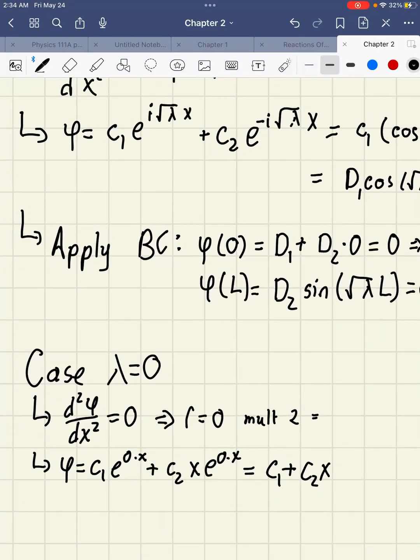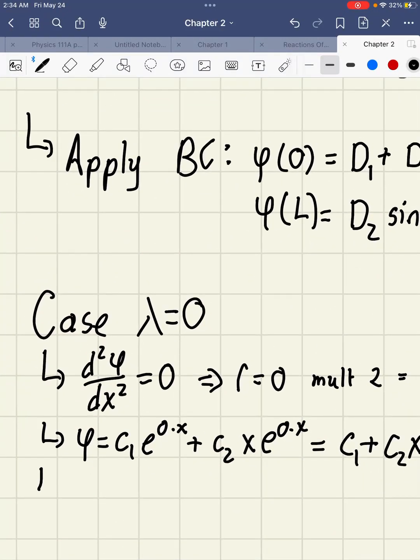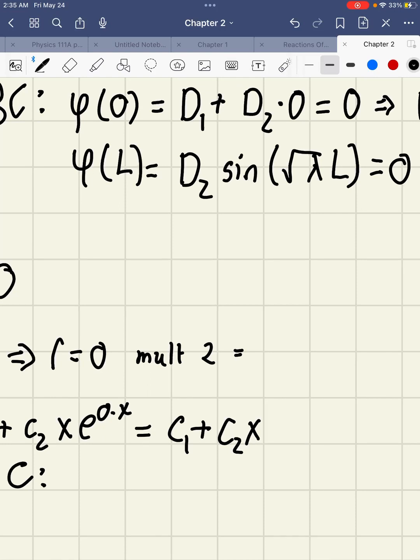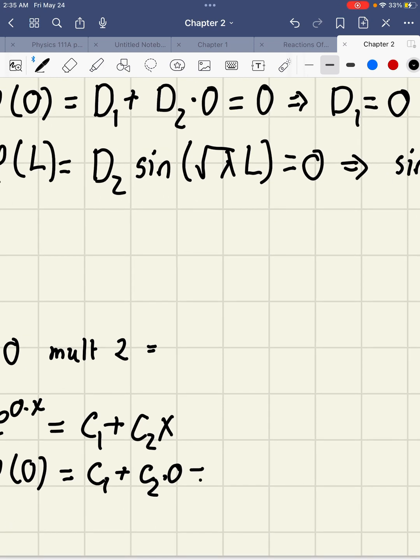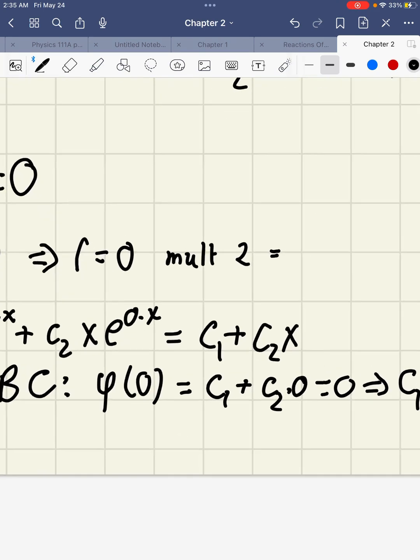Okay, now I apply the boundary condition. For phi of 0, I get C1 plus C2 times 0, which is equal to 0. Therefore, my C1 is equal to 0.